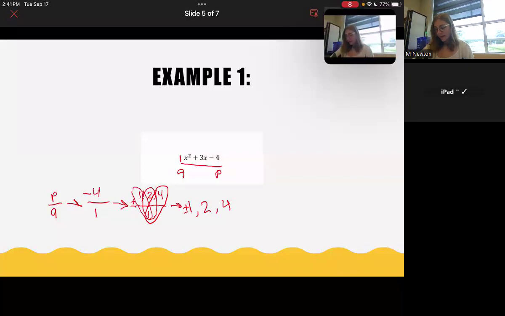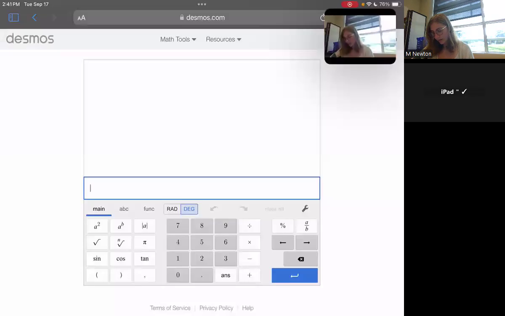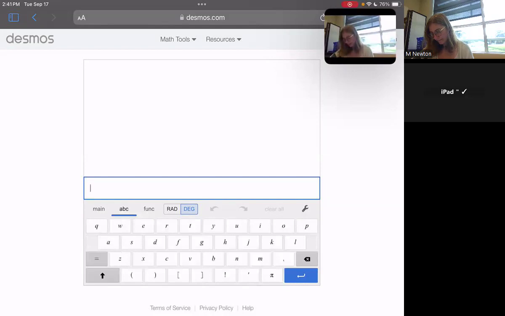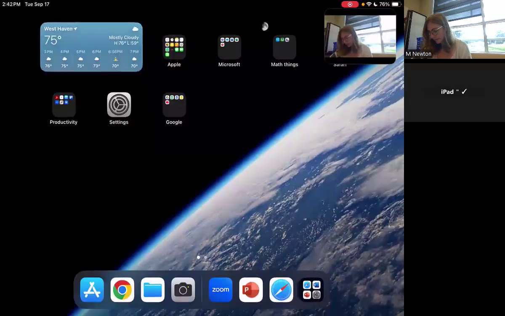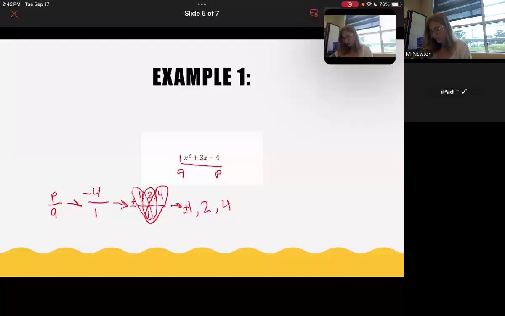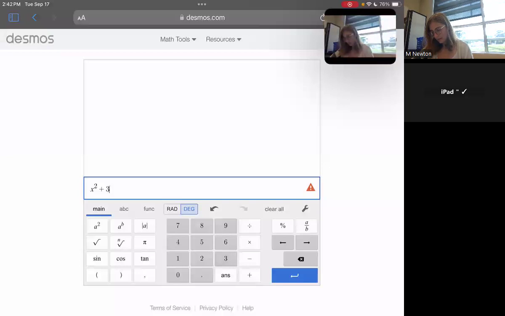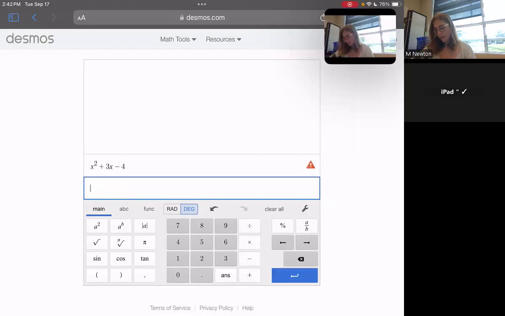Now that we have 1, 2, and 4, we're going to go to Desmos and take our equation and put in x squared plus 3x minus 4.